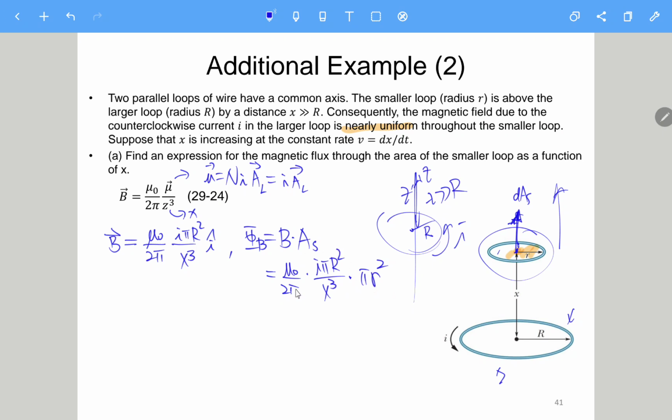Okay, so this is B, this is AS. Now we can try to collect some of the common terms.